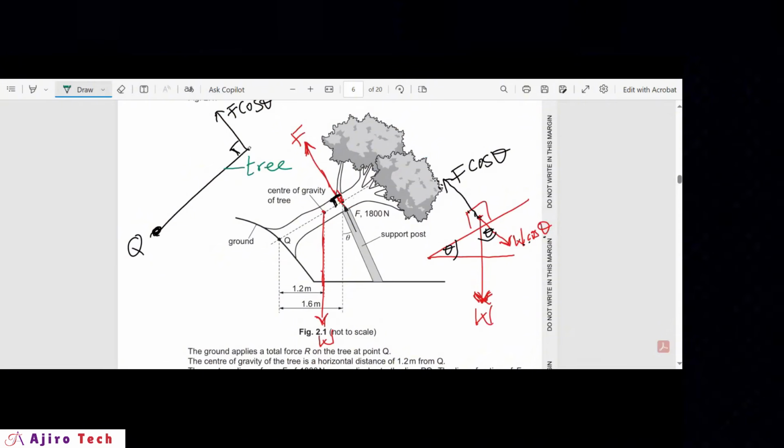So there's a point P here. The distance from here to here is 1.6 meters.